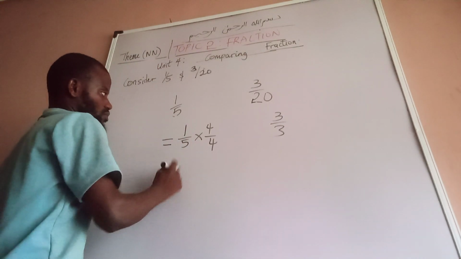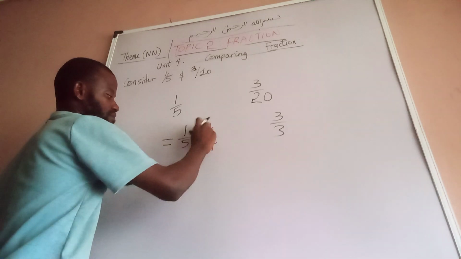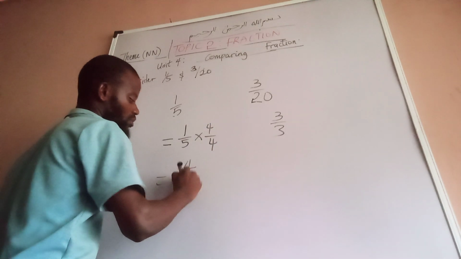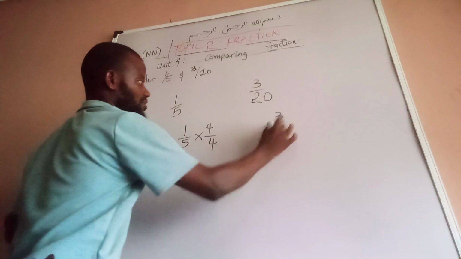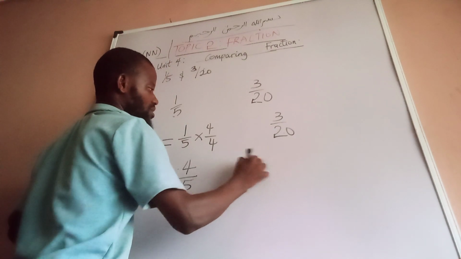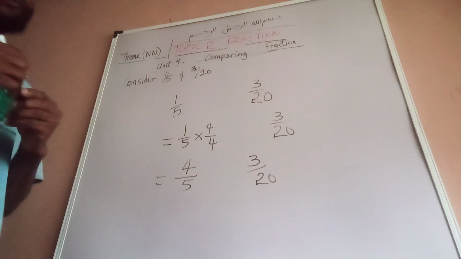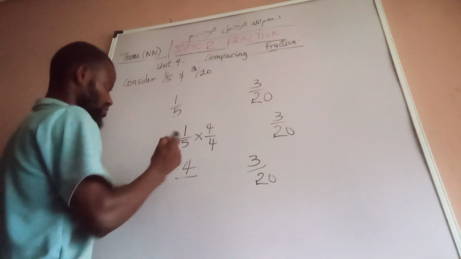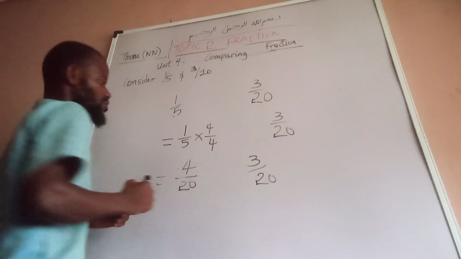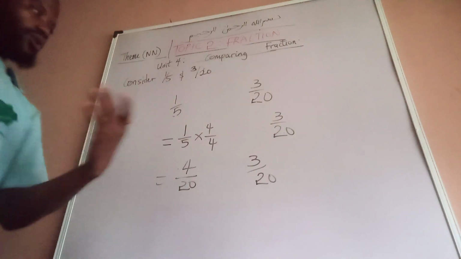Which is equal to 1 times 4, 4, over 5 times 4, 20. Then this one, 3 over 20, is still here. Now, if you want to compare the two, which one is bigger? Look at it. There is one 4 over 20 and there is one 3 over 20. Which one is bigger?